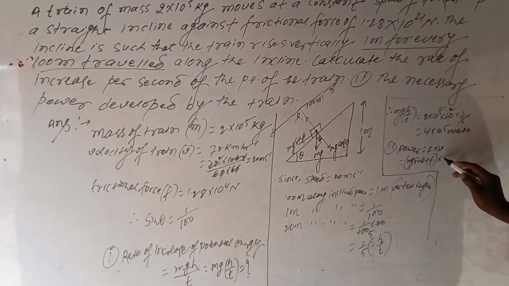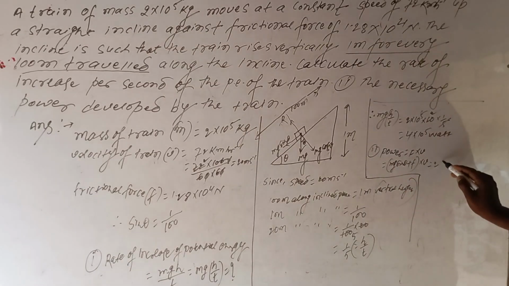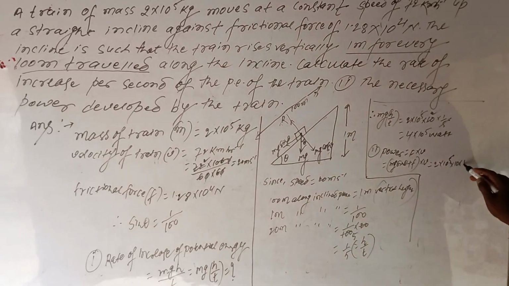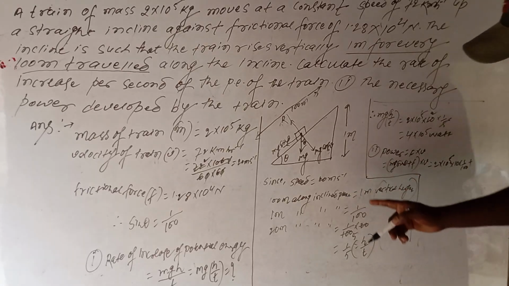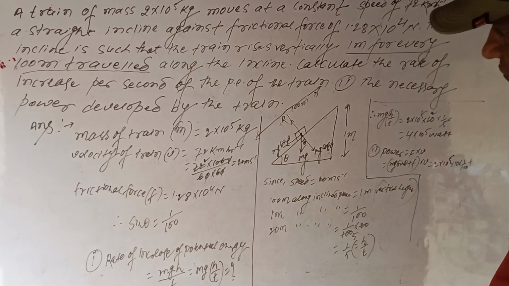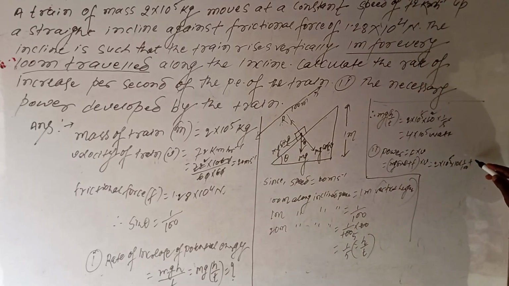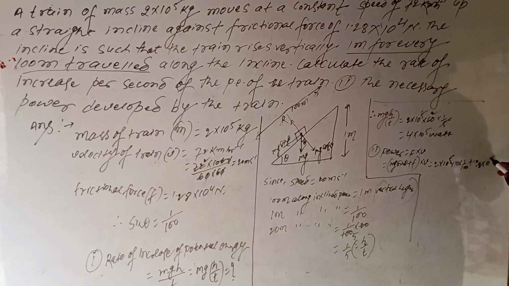And here the force is the sum of mg sin theta and the frictional force. Substituting the values of mg, sin theta, the frictional force, and then the velocity, we obtain 3.56 × 10^5 watt.